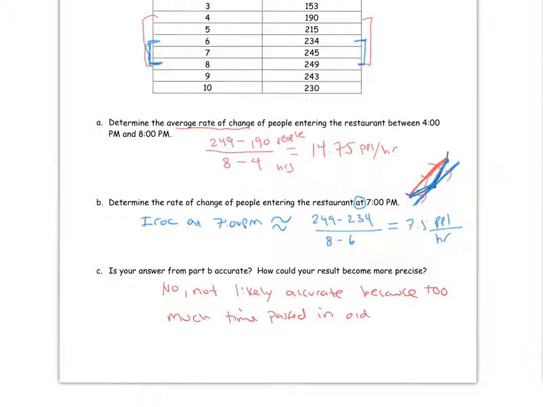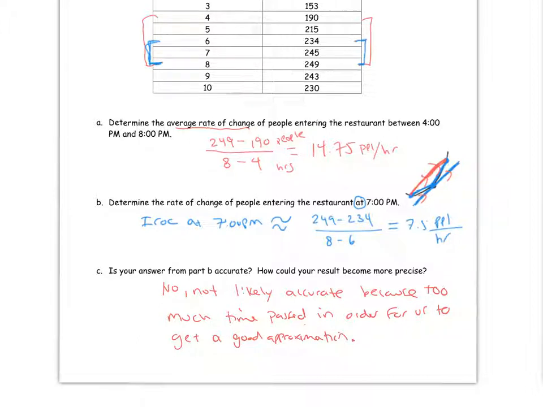In order for us to get a good approximation, what you really want, as we have done in previous lessons, is the amount of people at, let's say, 6:59 and 7:01, or 6:59 and 30 seconds and 7 o'clock and 30 seconds.